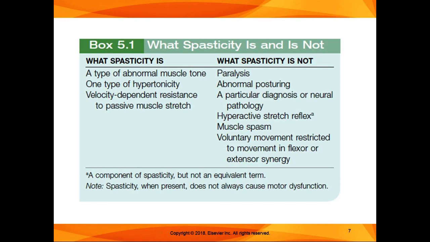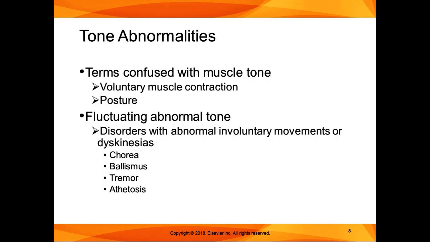It's not a muscle spasm, and it's not voluntary movement. A lot of times with neurological issues, you might have flexor or extensor synergy, and that's not spasticity either. So it's an often confused term, and we're going to really just briefly hit on it in this class, but we're going to talk way more about it in other classes.